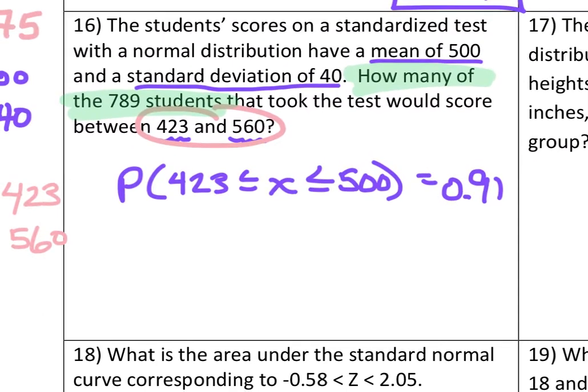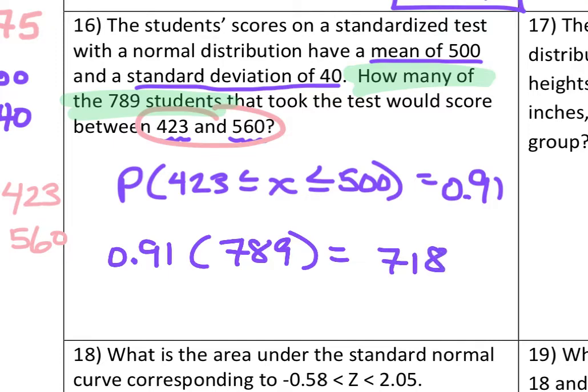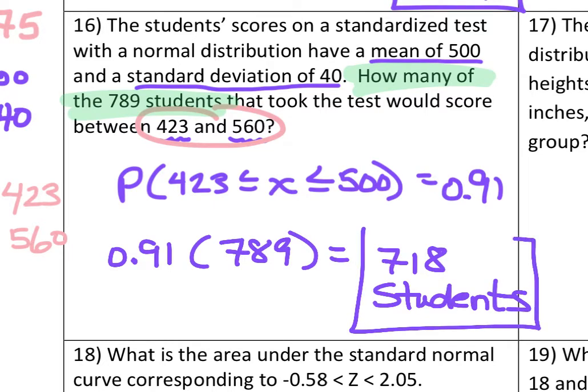And so what you need to do for this problem then is multiply that 0.91 times the 789 students, or 91% times the 789 students, and you should see that 718 students got a score between 423 and 560.